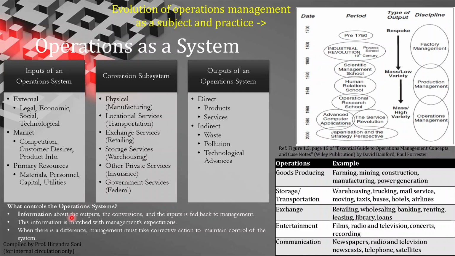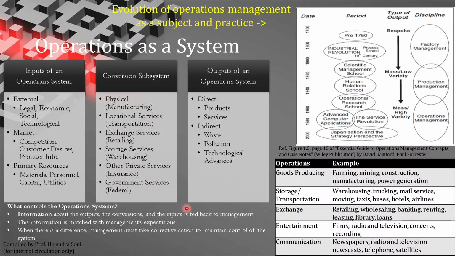What controls the operation system? It is the information, which is the most important aspect of it. Information in terms of the output, customer behavior, inputs, in terms of system requirements.